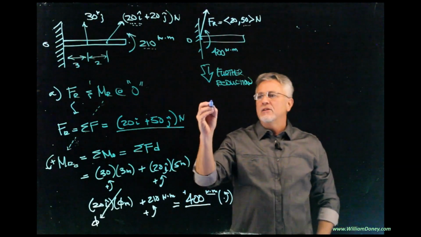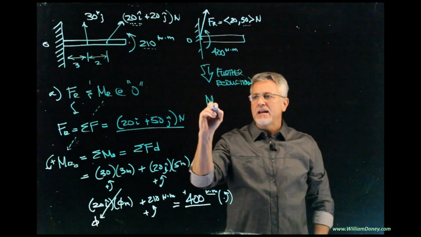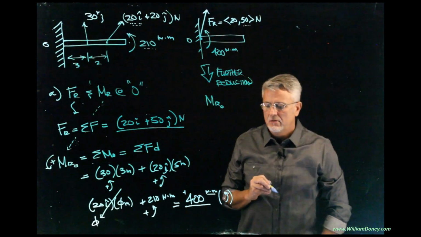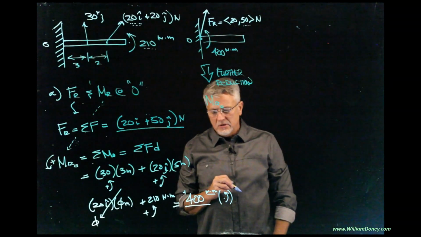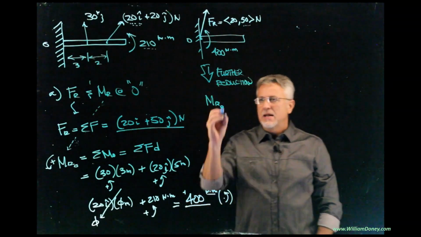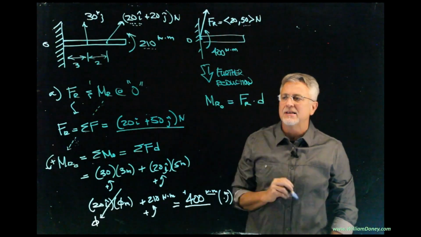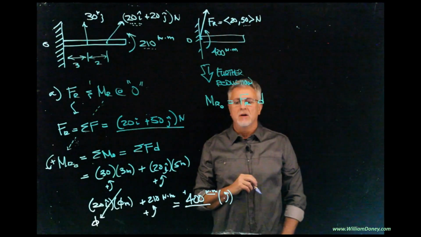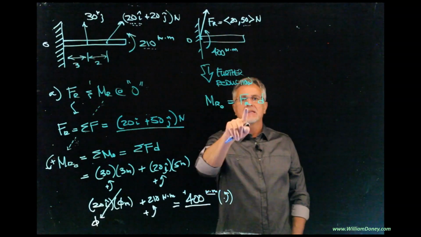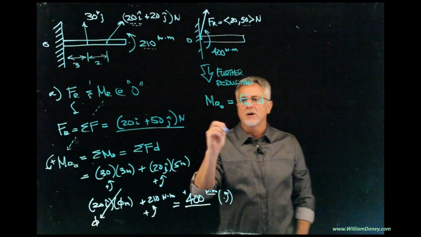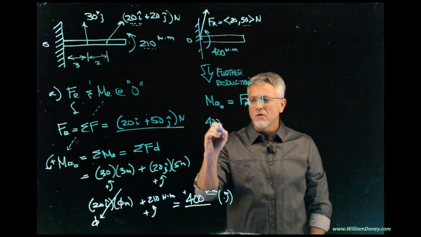So what I need to do is I'm going to say the resultant moment at O has to equal that resultant force acting at some distance from O. Meaning I'm going to slide this force to a certain distance. What do I have to have it equal to? 400.